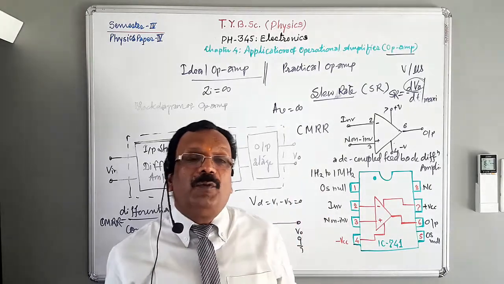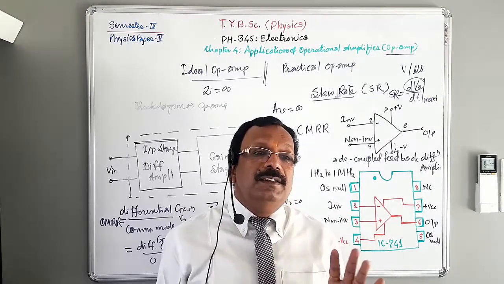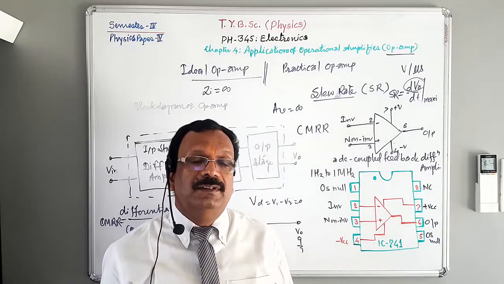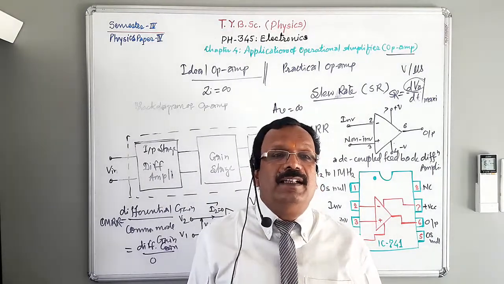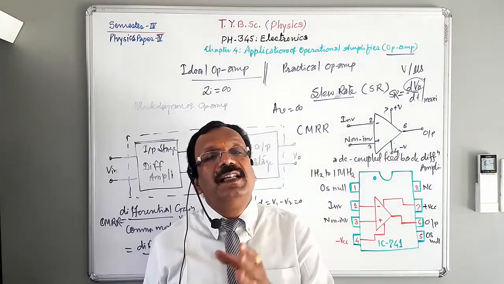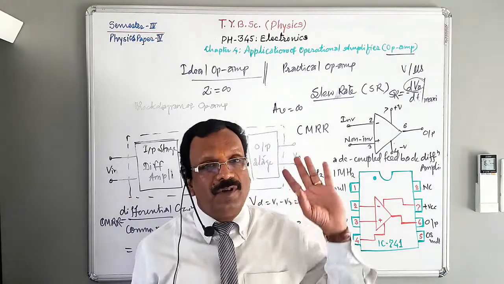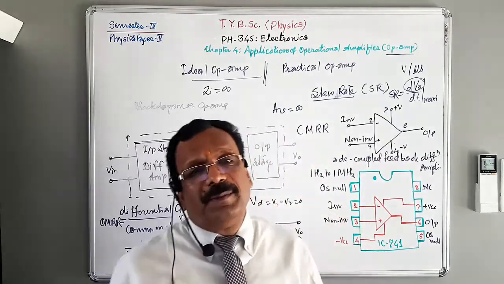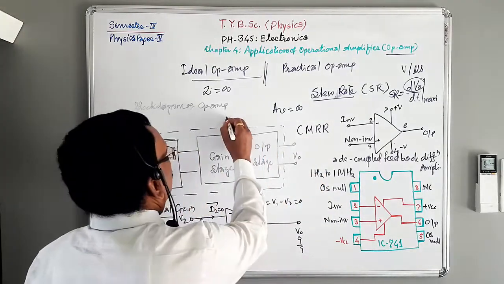That means the op-amp does not work properly. Such distortion is not desirable. An infinite slew rate indicates that the output changes simultaneously with the change in input voltage, and this is the ideal op-amp. Then the next characteristic of an ideal op-amp is PSRR.